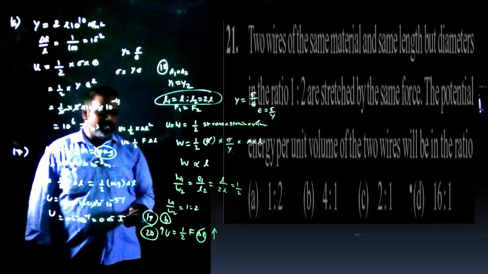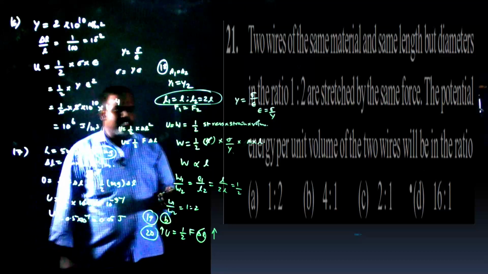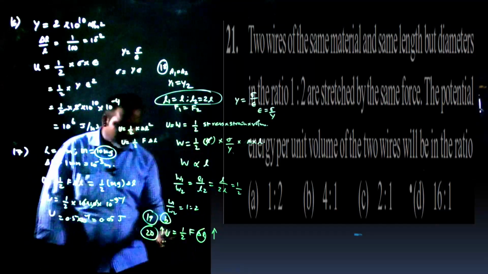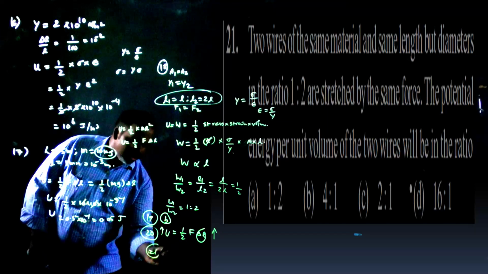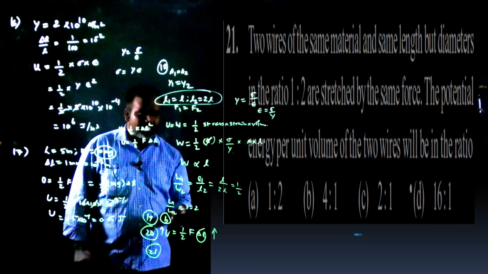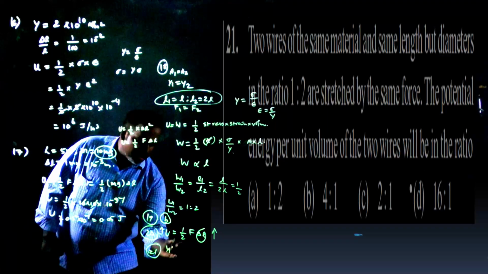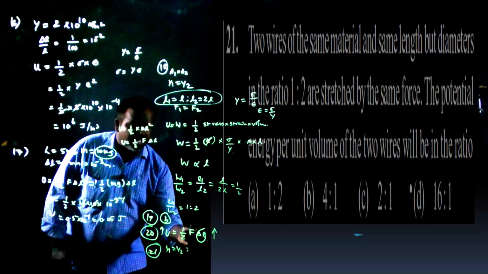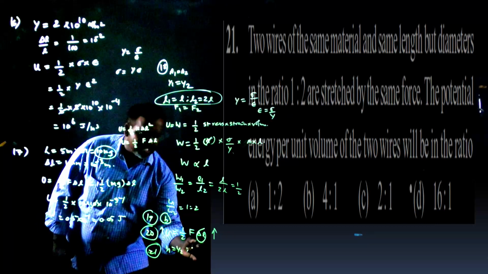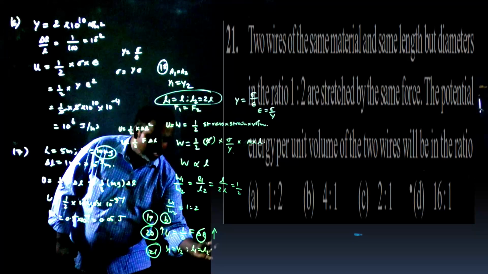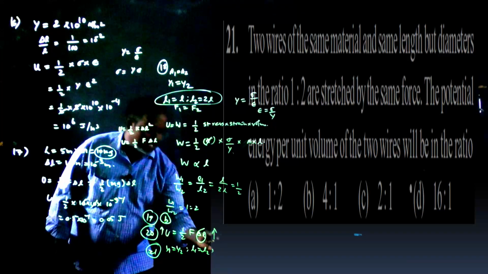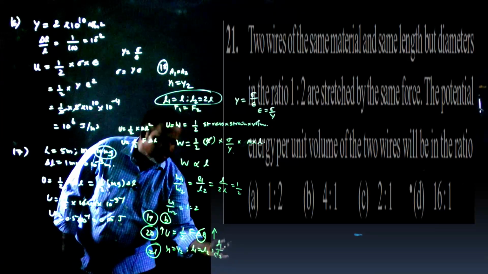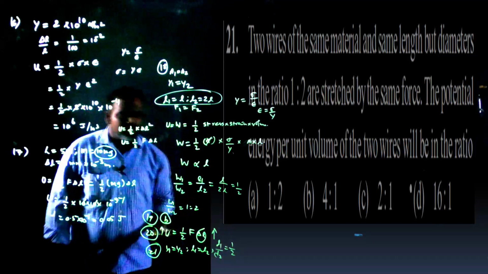Now you please go for question number 21 also. In question number 21, two wires of the same material, same length. Therefore Y1 is equal to Y2, and they are giving the same length, L1 is equal to L2, but diameters are in the ratio D1 by D2, that is given as 1 by 2 in the question.